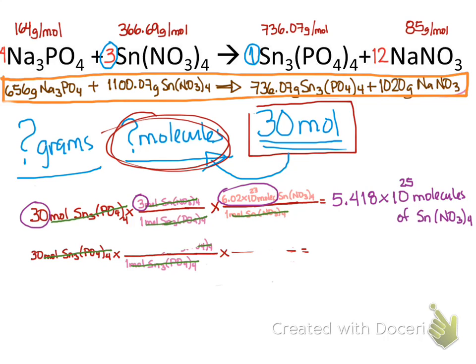We can do it by transforming the moles of tin phosphate into grams of tin phosphate, then those grams of tin phosphate into grams of tin nitrate, but then I will need to go back from grams of tin nitrate to moles and then to molecules. It will be a longer way.